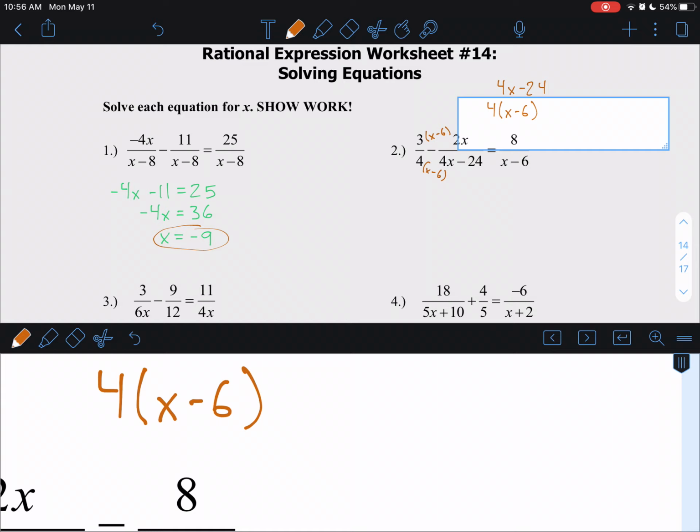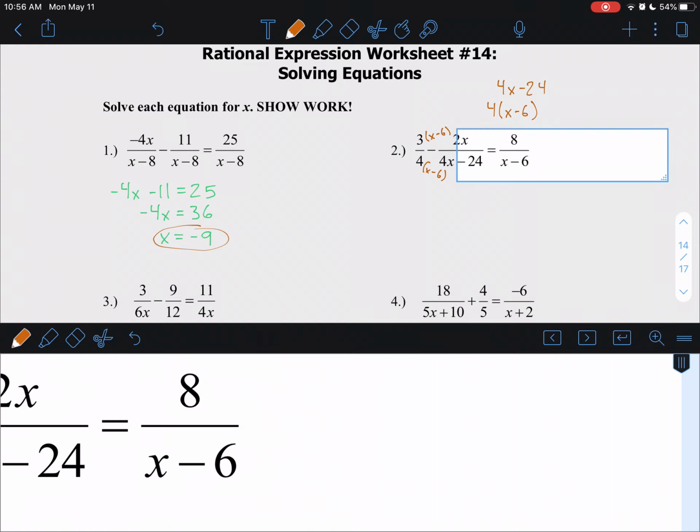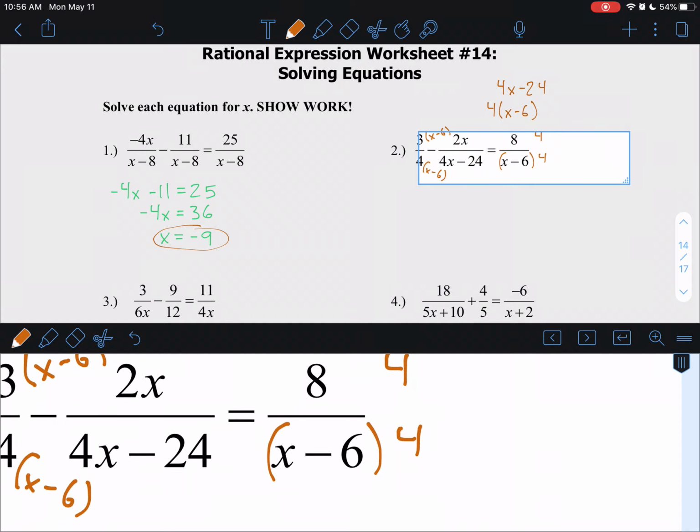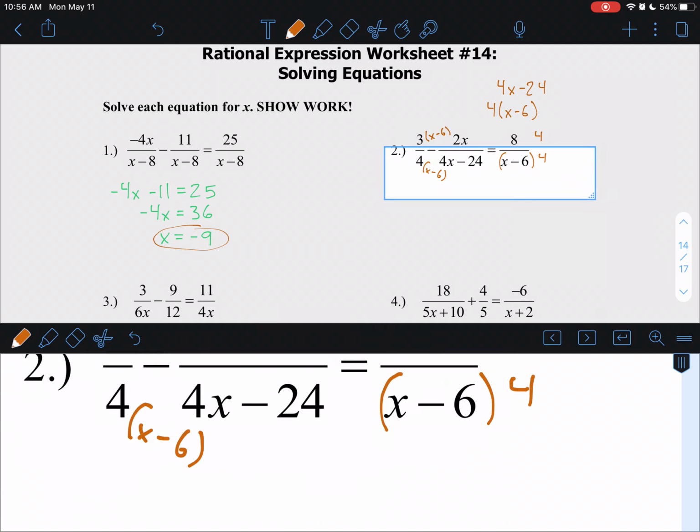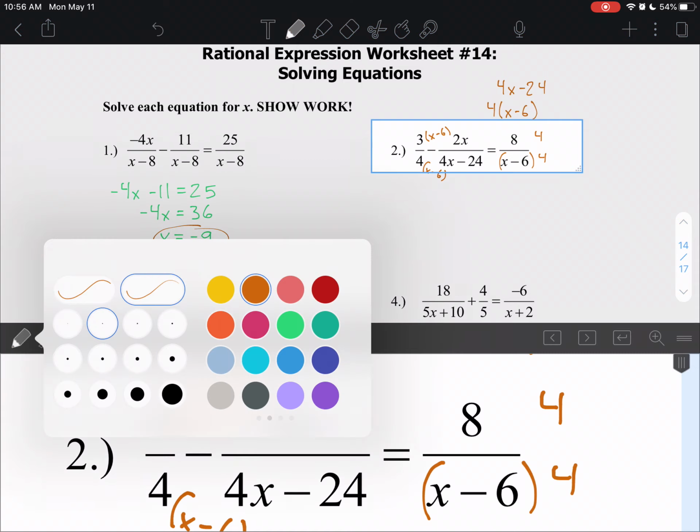It already has the x minus 6 part, but it doesn't have that 4 part, so I need to multiply this by 4 over 4. And this 2x over 4x minus 24 already has the common denominator that we're looking for, so I don't need to do anything with that one. So that's what I'm going to be working with here.